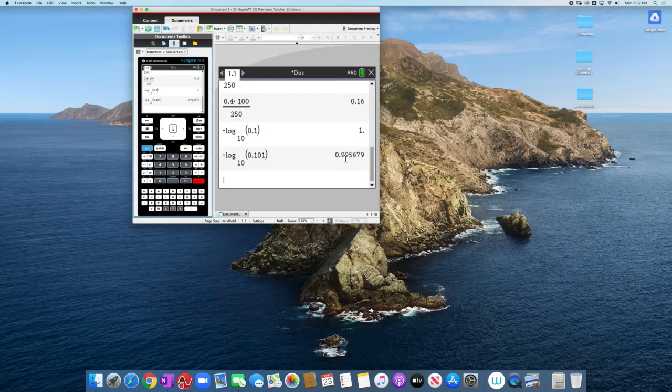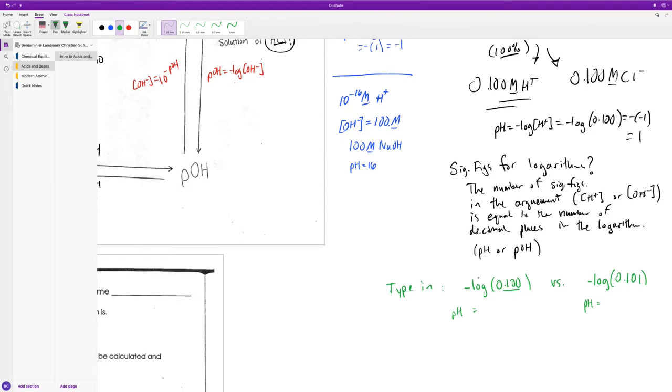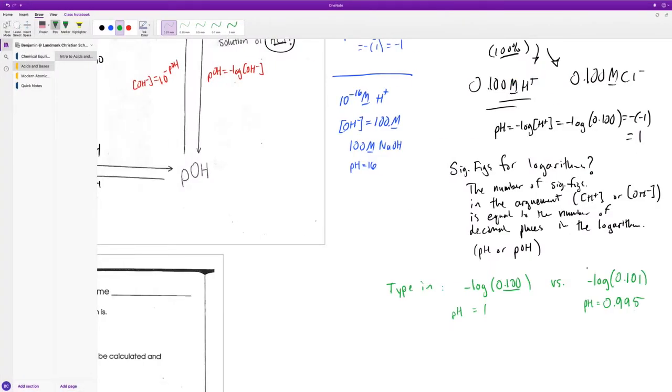So 1 versus 0.996. Where should we round the answer if we're seeing our variation this way? This one, it looked like it might be exactly 1. This one gave us 0.995 something or other, 679. Okay, so it's only off in this spot here.